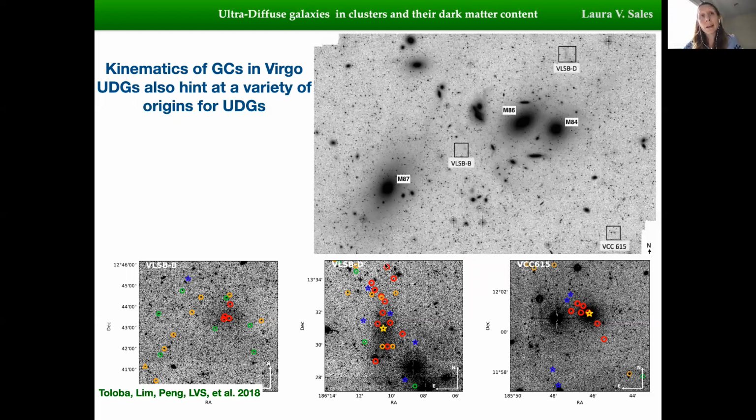And interestingly enough, the globular cluster members, remember that these are the red circles, seem to actually follow the light distribution quite well, confirming their association. So at least for one of our objects, it seemed that tidal disruption could be impacting the structure of this particular galaxy, something we will come back to later.